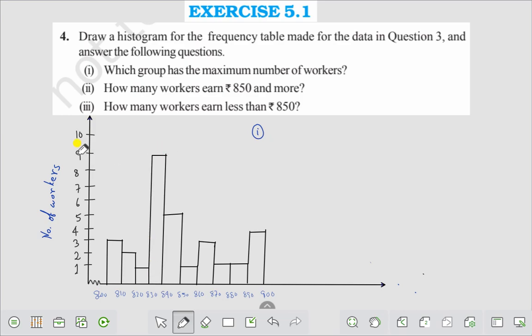You see, this is the maximum, that is 9 workers, right? 830 to 840 is the group which has the maximum number of workers.